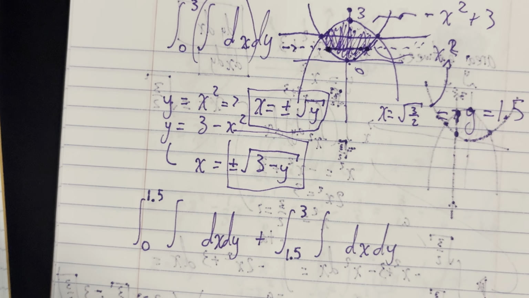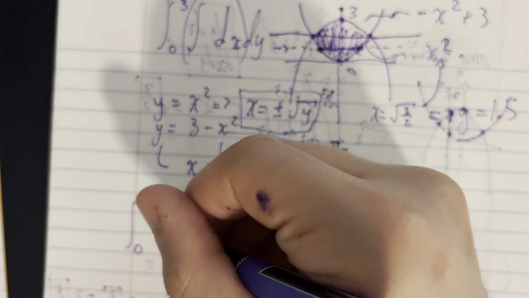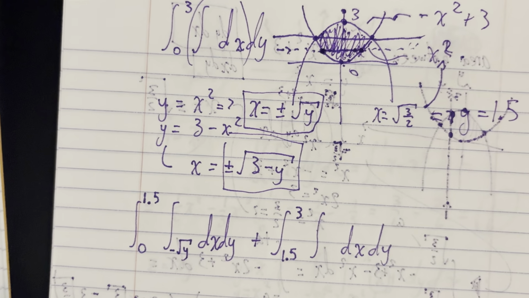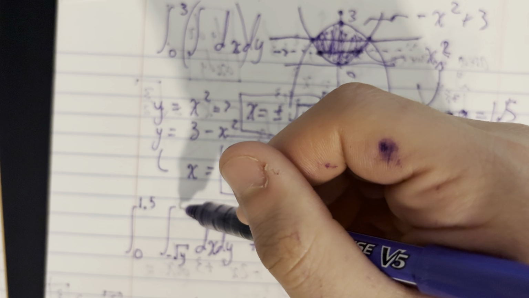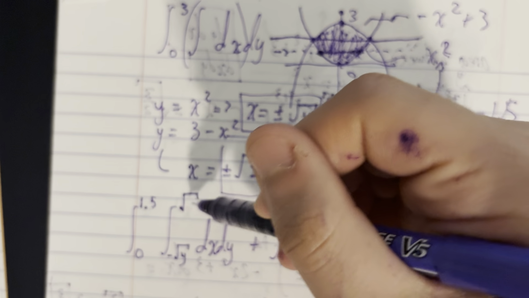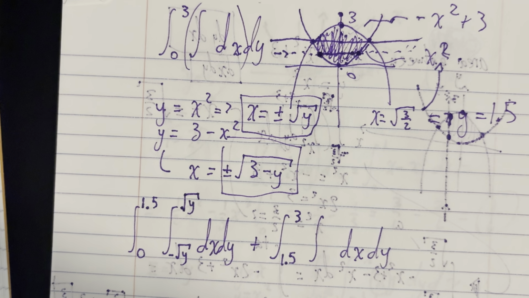So is it plus or minus root y? It's negative root y. Then he's going in the region, and comes out at positive root y. So those are our bounds for the first one.